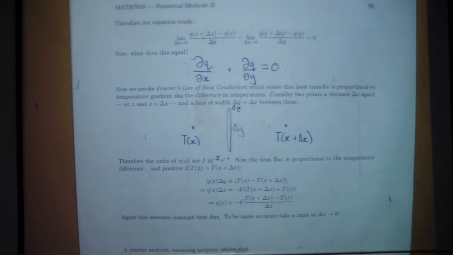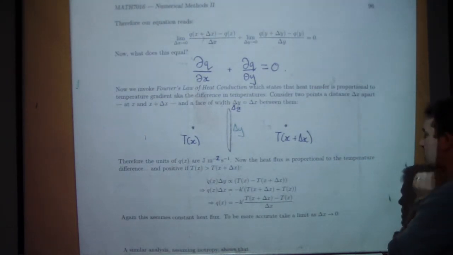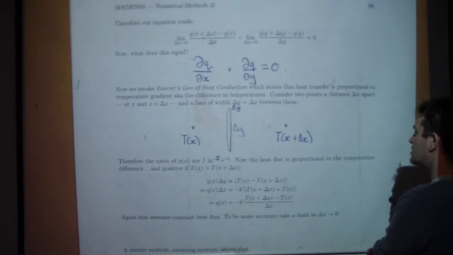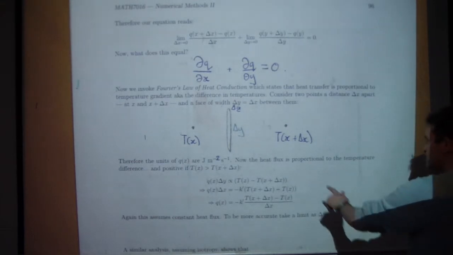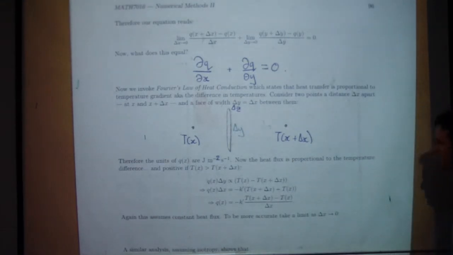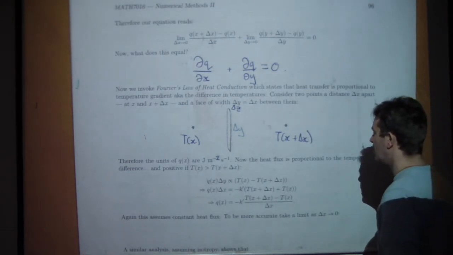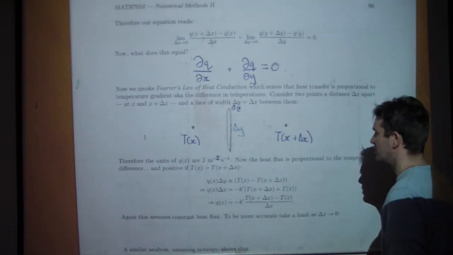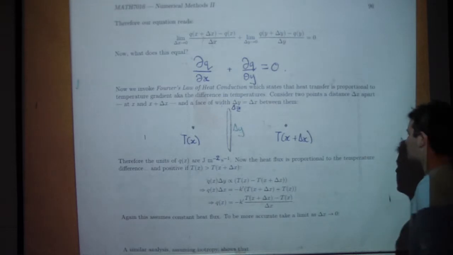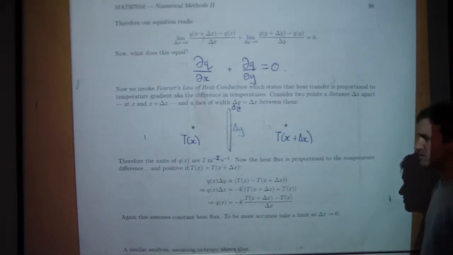So what Fourier's law of heat conduction says is that the heat transfer, the heat flux, if you drop the density, you don't worry about the per time element. It says it's proportional to the temperature difference.